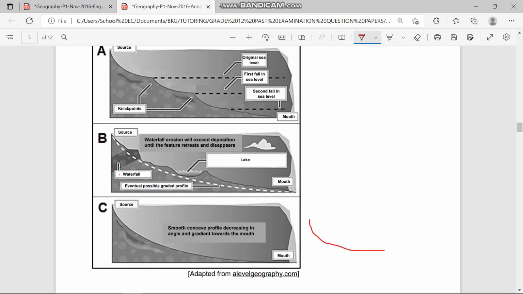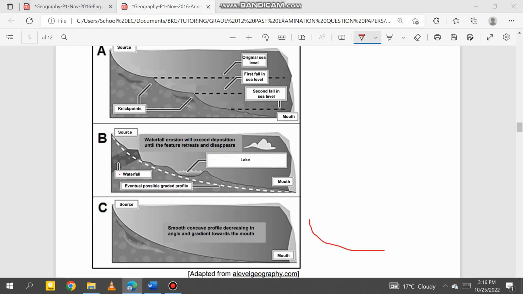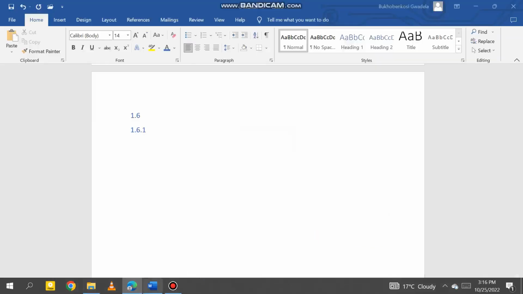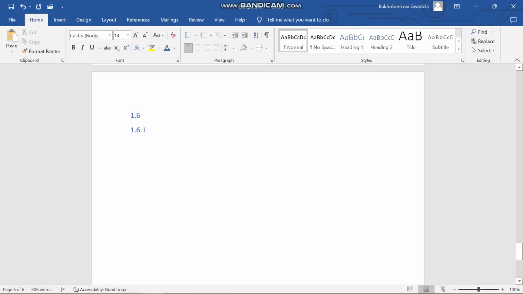Those irregular folds, those nick points, will disappear as time goes by. So B is an ungraded profile. That's your answer. Let's write the answer down: ungraded profile.